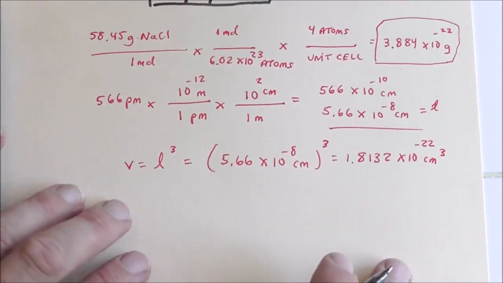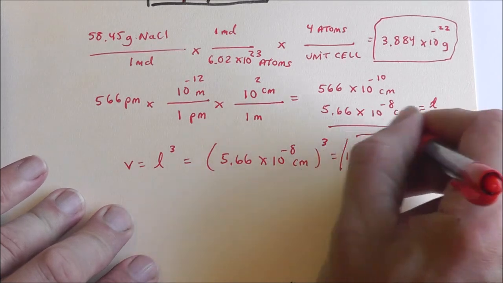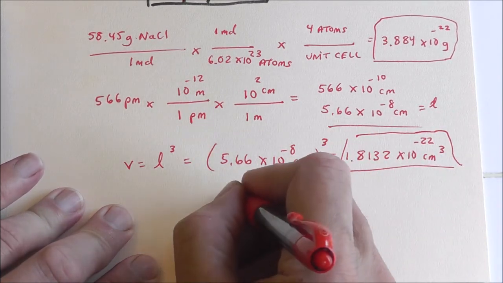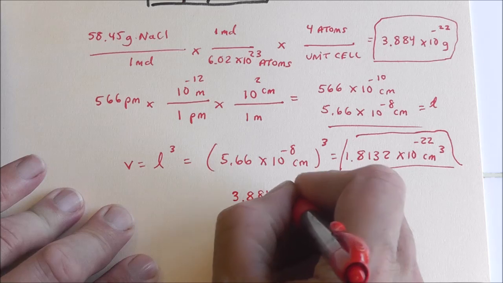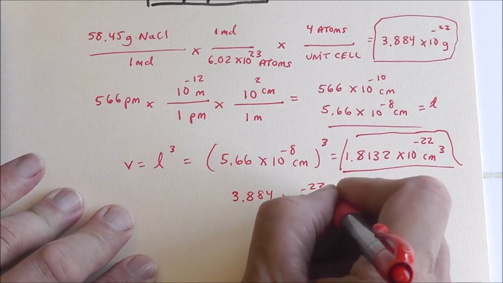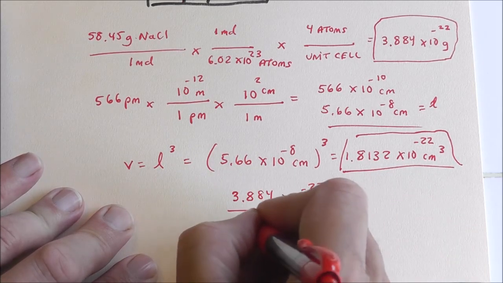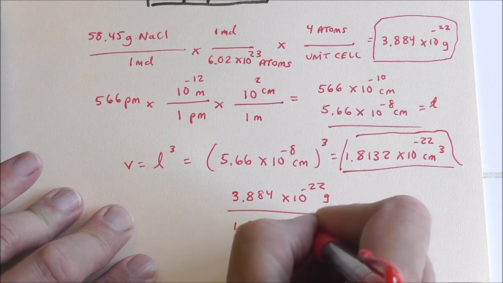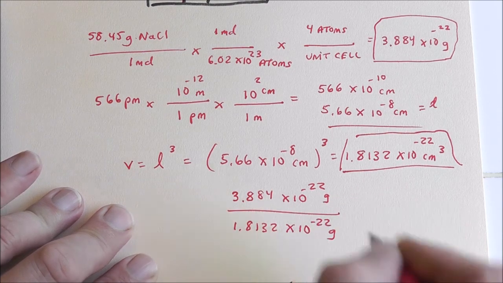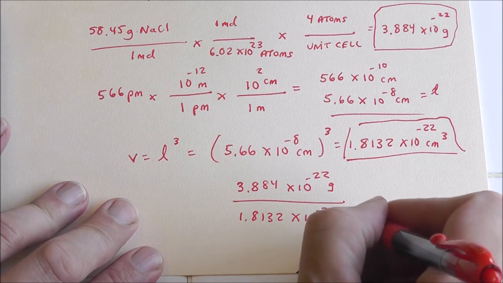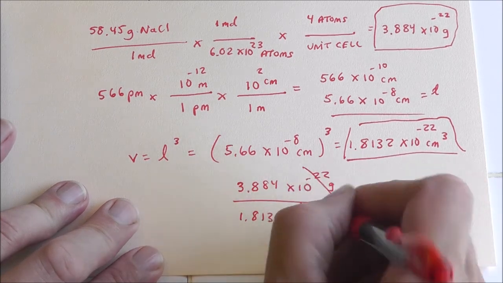And I have wonderful news for you, folks. We're going to get lucky again with the powers of 10 not being a pain. 3.884 times 10 to the minus 22 grams over 1.8132 times 10 to the minus 22 centimeters cubed. Bang, bang.